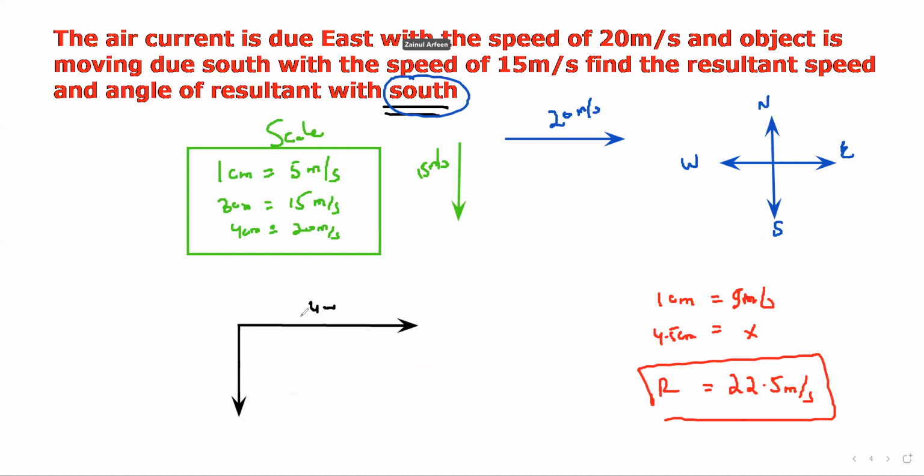So we draw 4 centimeter, we draw 3 centimeter, and we complete a rectangle, which is the parallelogram here. It will always form a rectangle with perpendicular vectors. Draw the diagonal, that will be the resultant. Measure the length of the diagonal, that is the resultant. And because they asked the angle with south, and the 15 meter per second vector is in south, we need this angle. So you have to place a protractor and measure the angle and write the answer.